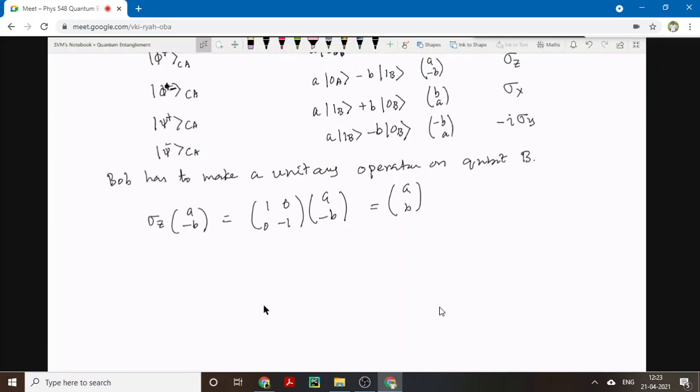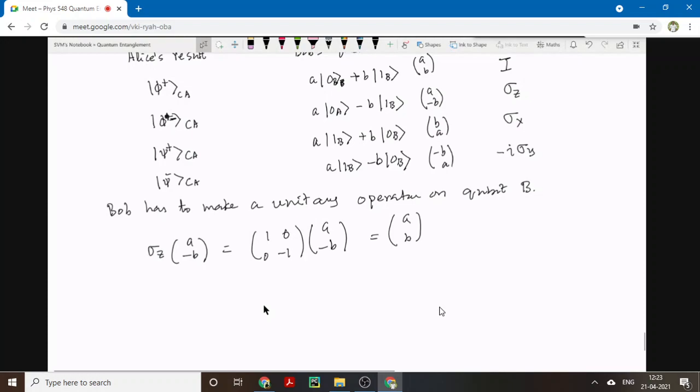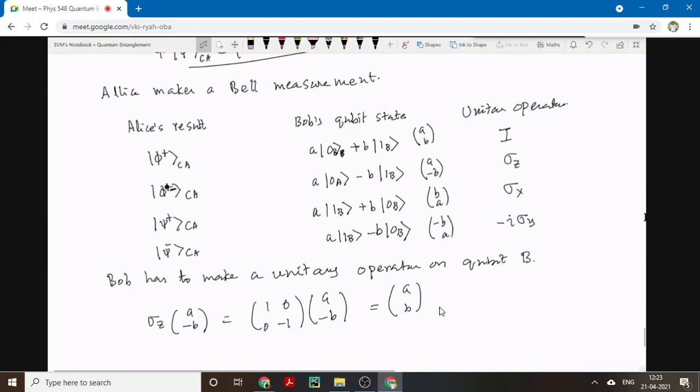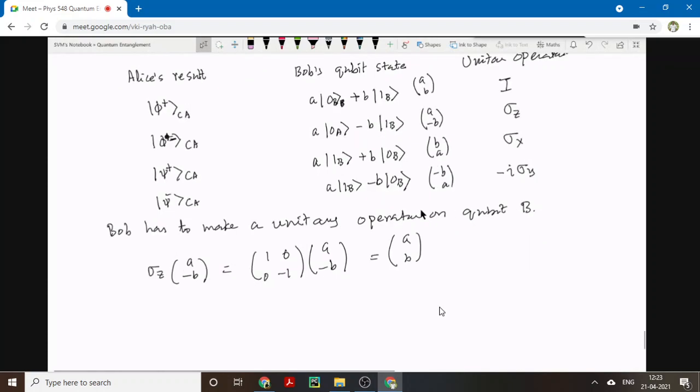So if Alice says I have got phi minus, Bob will make a sigma z operation, and this A minus B will go to A B. Similarly, if you take sigma x on B A, that is 0 1 1 0 on B A, which is equal to A B. So when you do a sigma x operation on this state, you will get A B.